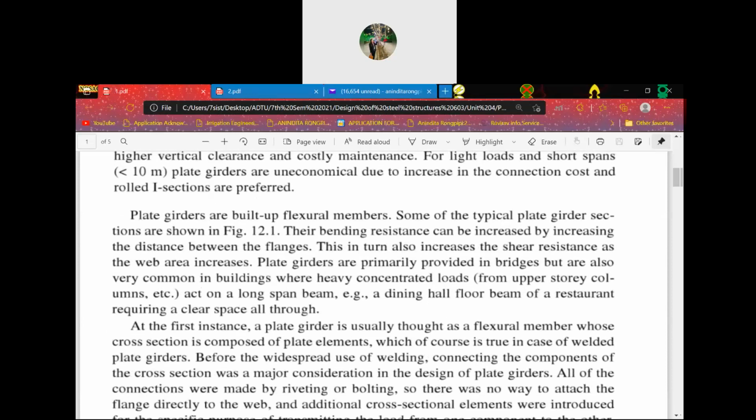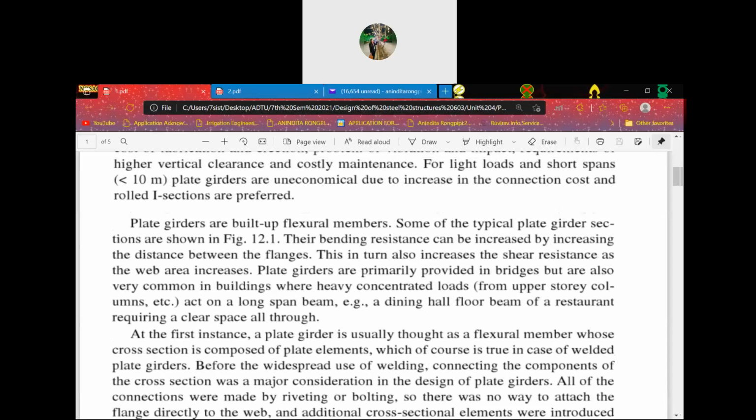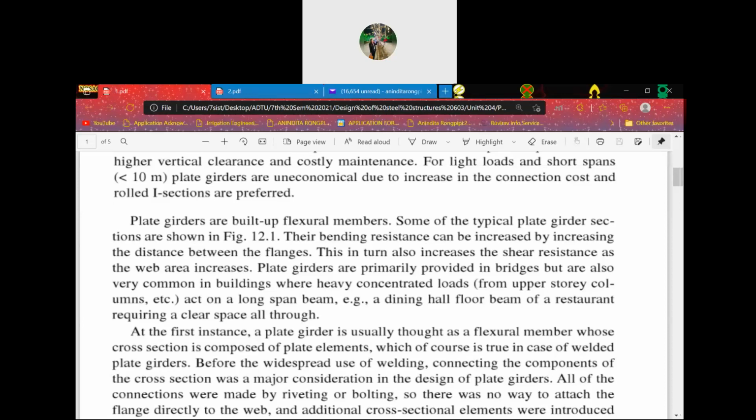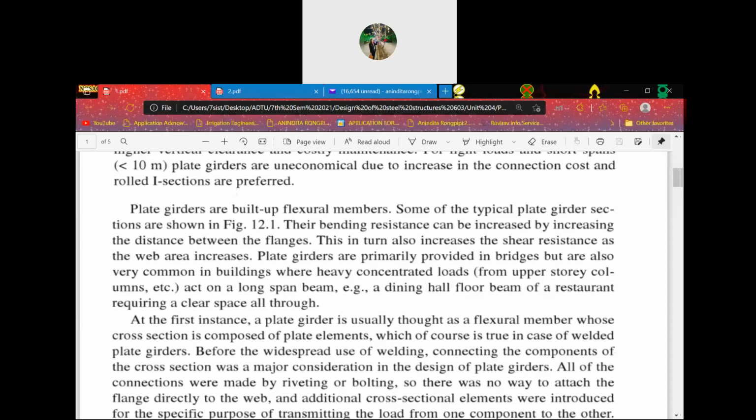At first instance, a plate girder is usually thought of as a flexural member whose cross-section is composed of plate elements, which is true, of course, but only in the case of welded plate girders. Before the widespread use of welding for connecting the components of the cross-section, it was a major consideration in the design of plate girders. All of the connections were made by riveting or bolting, so there was no way to attach the flange directly to the web.